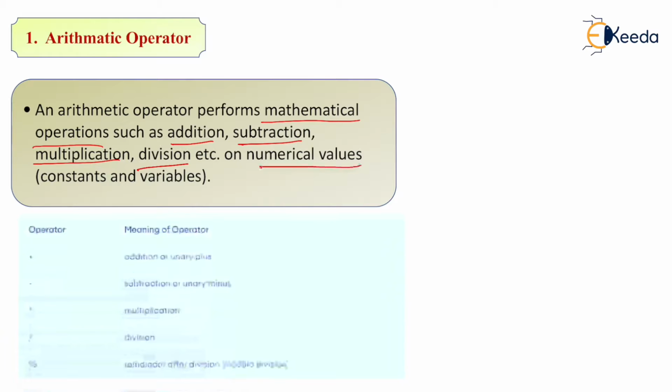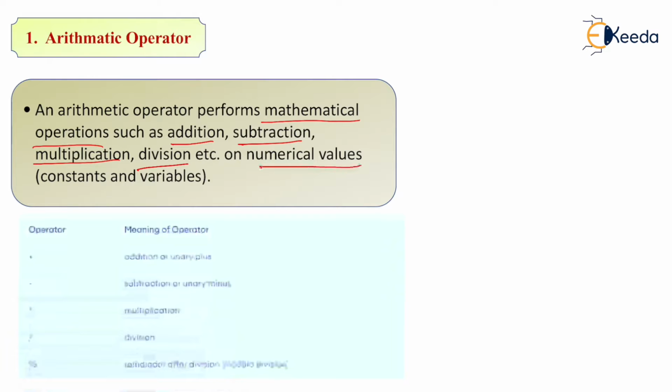The plus sign is used for addition. The minus sign is used for subtraction. The asterisk sign is used for multiplication. The slash sign is used for division, and the modulus sign is used for the remainder after division.